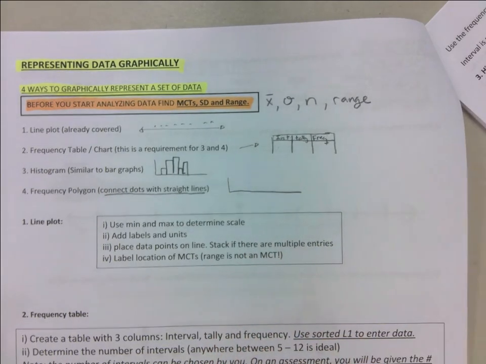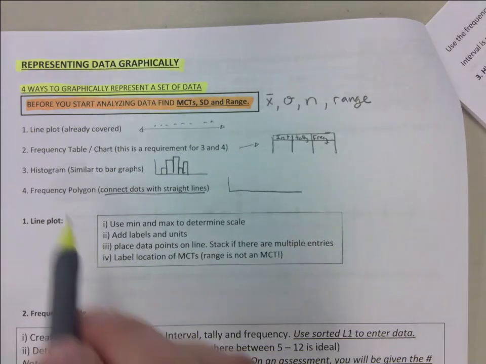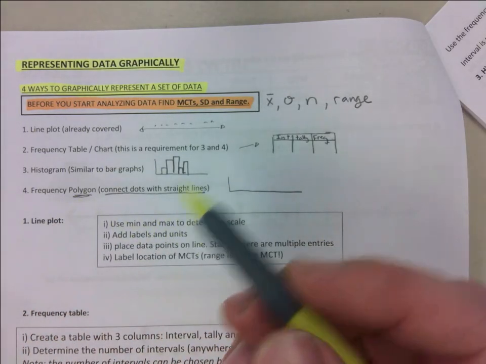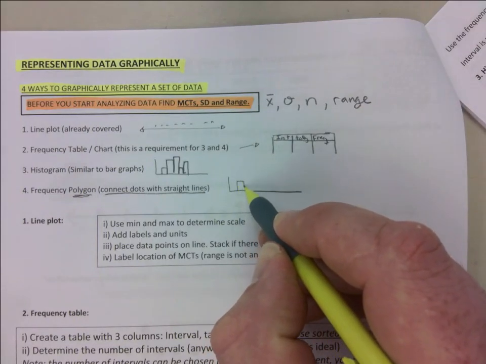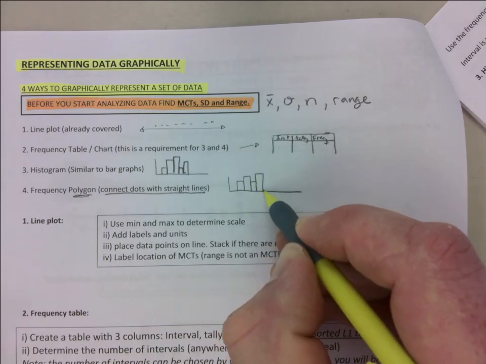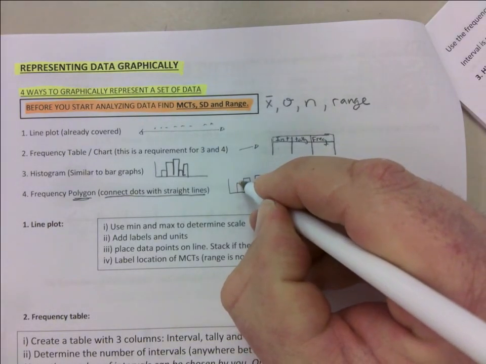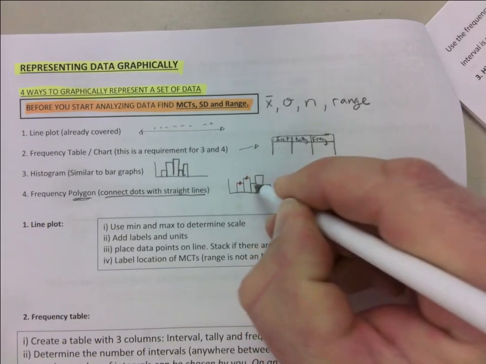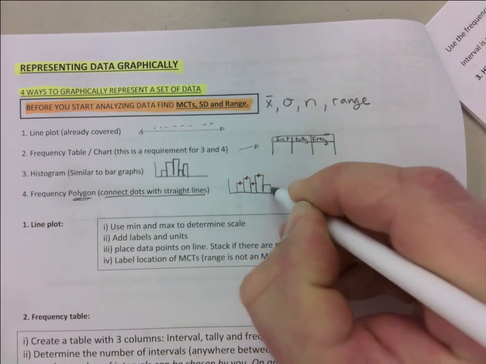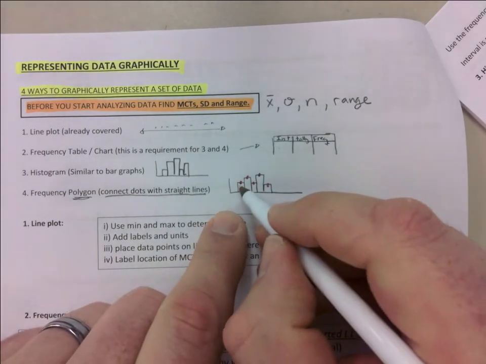To help you out, when you do your frequency polygon, I actually start with a histogram. Then I find the midpoints of those bars, right halfway across the width, and I connect the dots with straight lines.